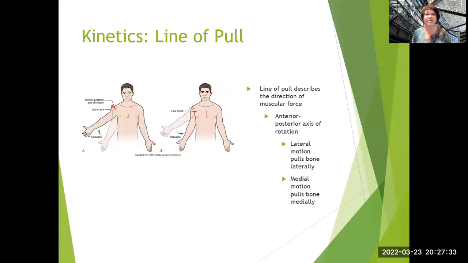So in an adduction motion, a frontal plane motion, if the muscle is lateral to the axis, because it's an anterior posterior axis and it's in the frontal plane, lateral motion pulls the bone laterally, and medial motion pulls the bone medially.